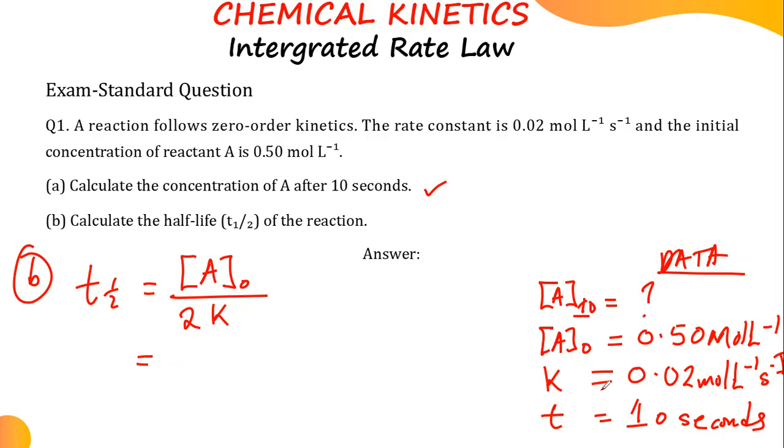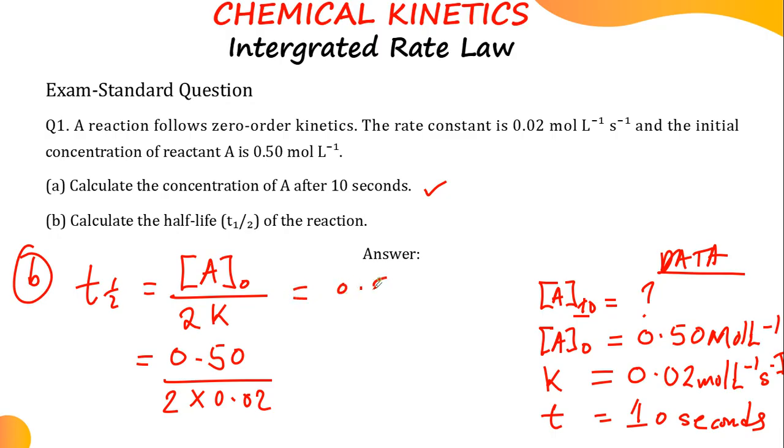What's our initial concentration? That's 0.50 over 2 multiplied by our rate constant K, which is 0.02. So can someone multiply?